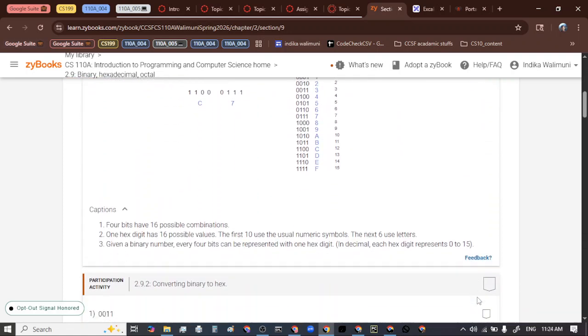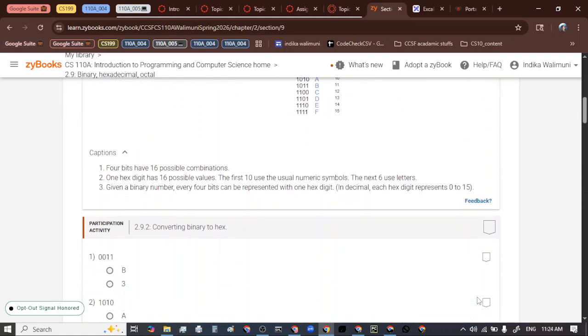Before getting into this one, I'm going to start off with a workout. We already learned how to convert binary to decimal, right? You saw it in the 2.8 section. How do we convert decimal to binary is the question we are going to answer.